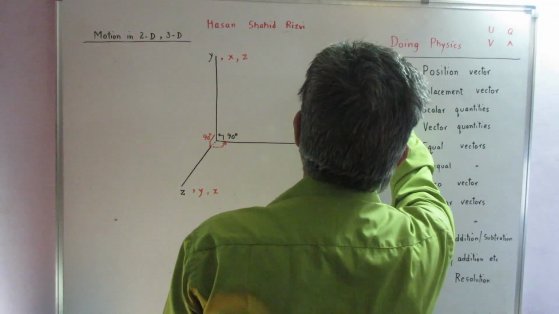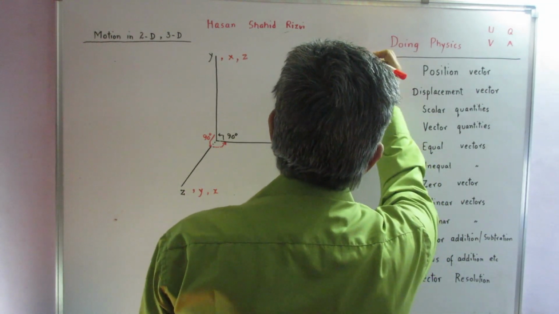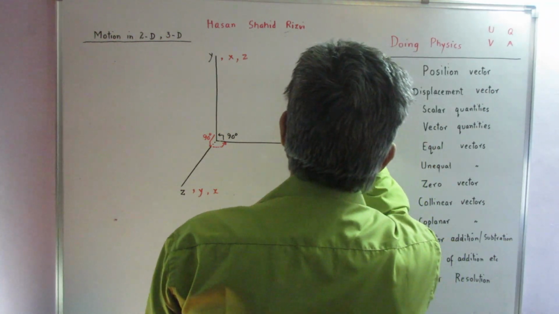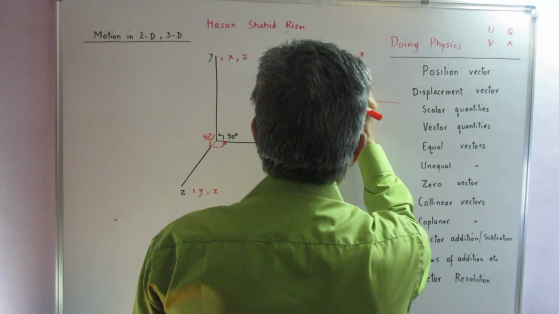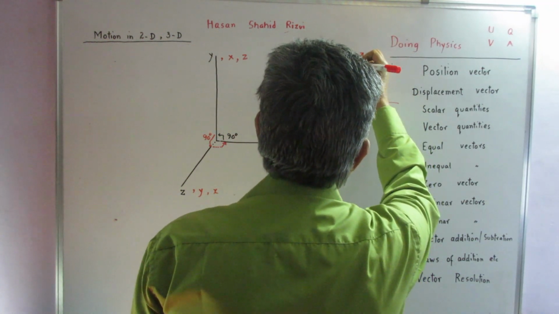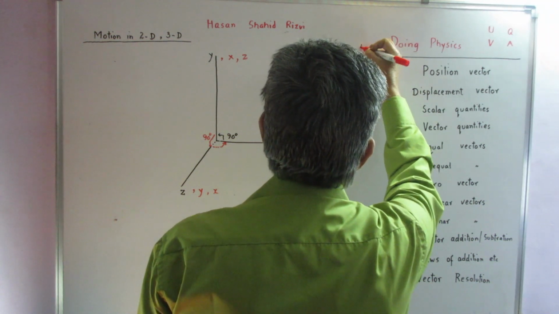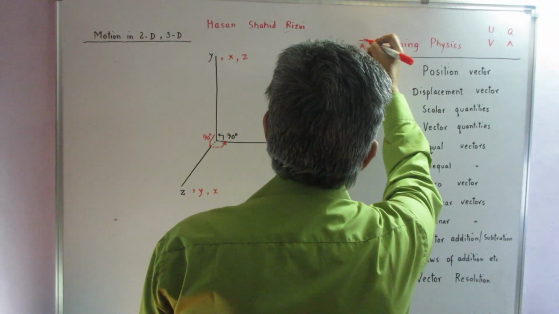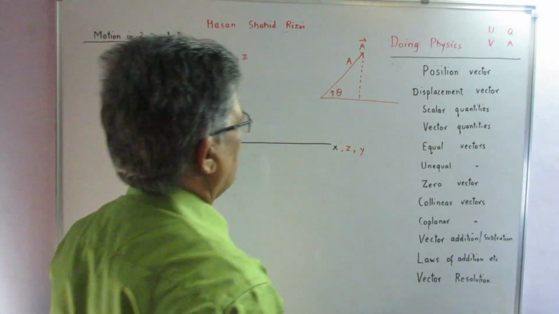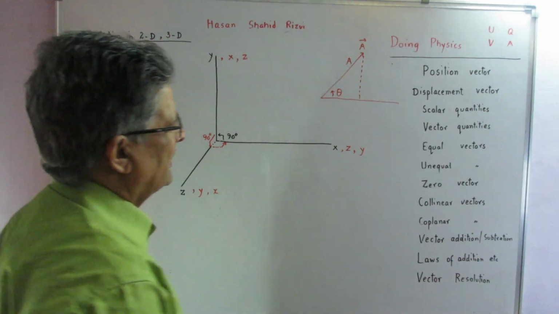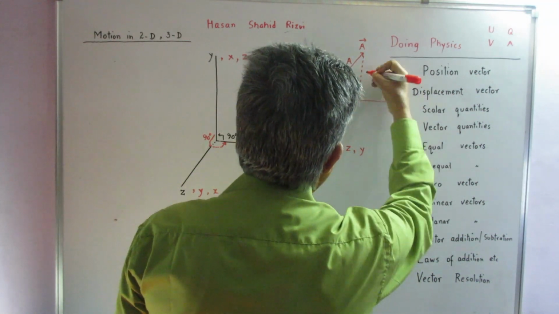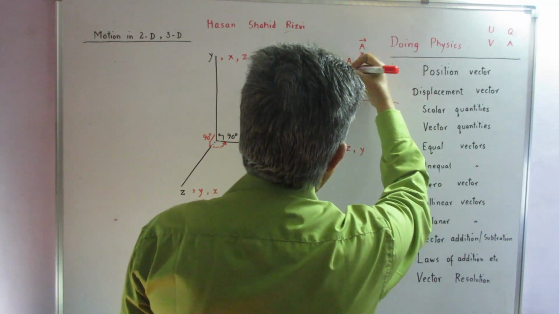Suppose I take a vector, anything which is defined with respect to this theta, and I said that if this is a vector A, the magnitude over here, the vector A is like this, I drop a perpendicular from the head of this vector onto the base here, and then this is the base, this is the perpendicular, and this is the hypotenuse.